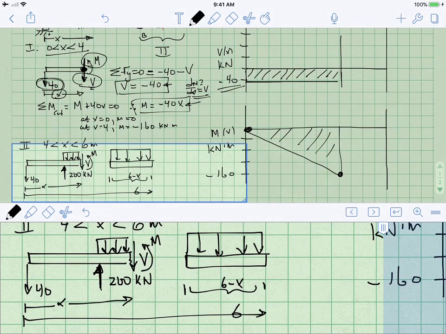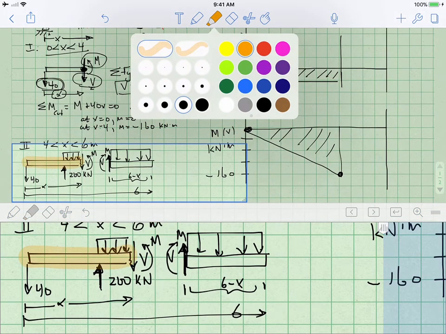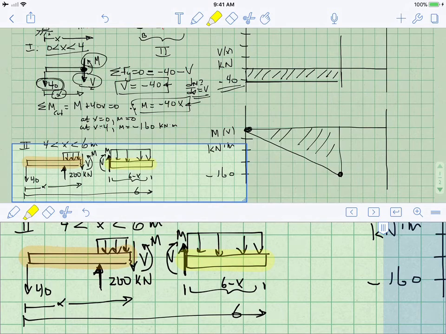On the right-hand side of the beam, positive shear points up, and the bending moment goes like that. So you can solve this problem either by looking at the left-hand side, or by looking at the right-hand side. It doesn't matter what you do.